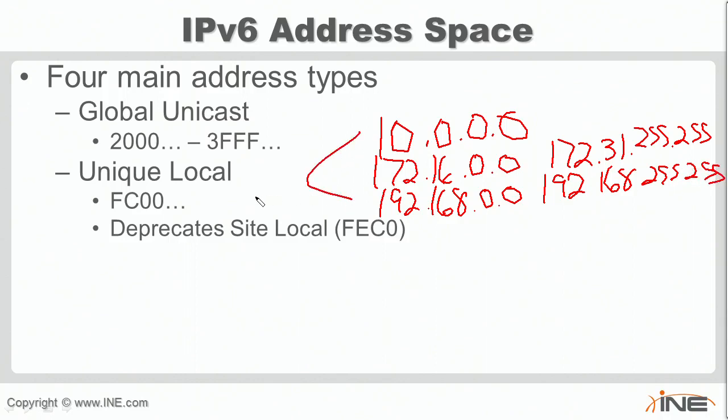So this is like the private addressing for IPv6, which is unique local. It used to be called site local, but then they got rid of these. So now anything that starts with FC00, it's basically for whatever use you want. It's not going to be publicly routable on the internet.